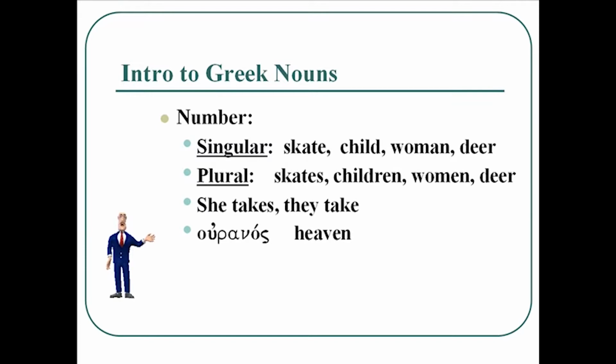In Greek, we have the word uranos, means heaven. Uranoi means heavens, plural. And so the difference between the os and the oi ending indicates whether it's singular or plural. Well, that's pretty straightforward. Actually easier than English.